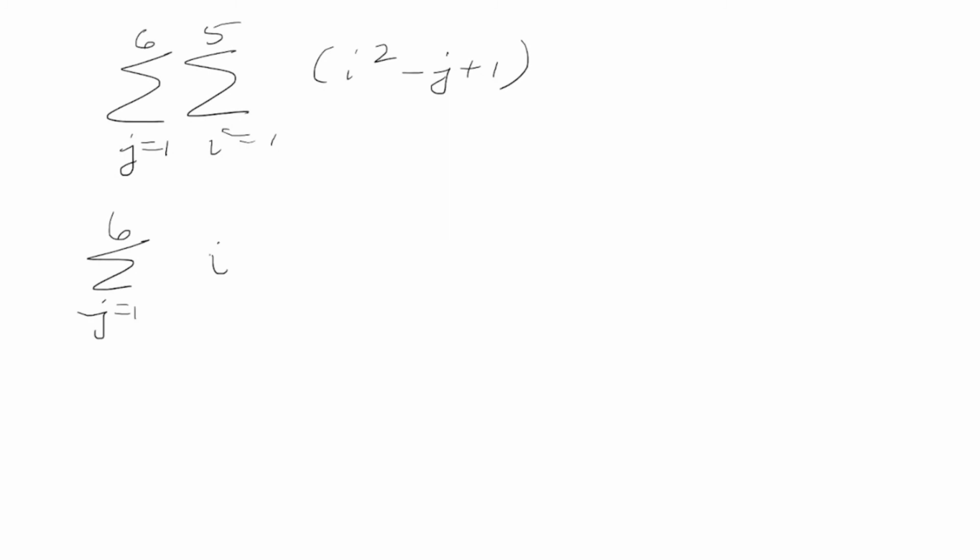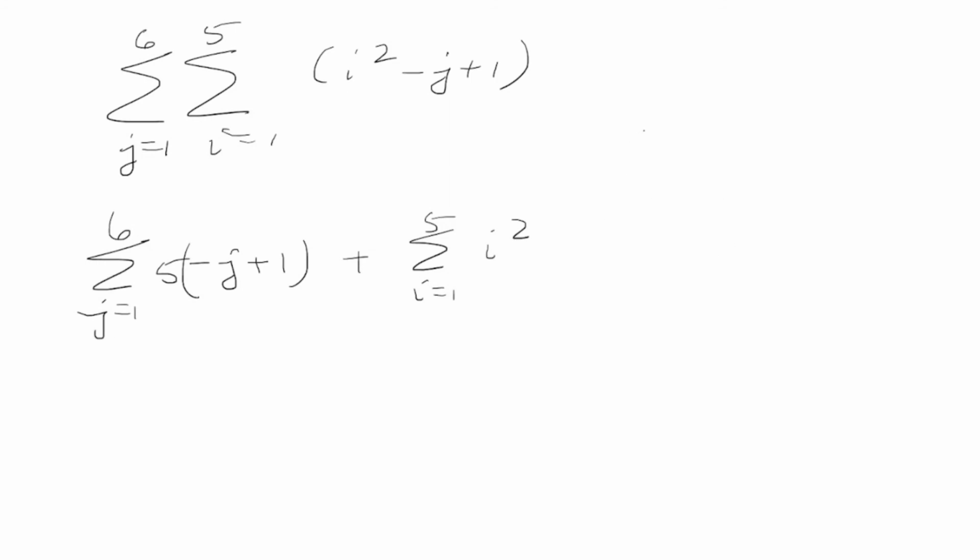So negative j plus 1 times a constant. So here it's going to be 5, and then plus the sum from i equals 1 to 5 of i squared.